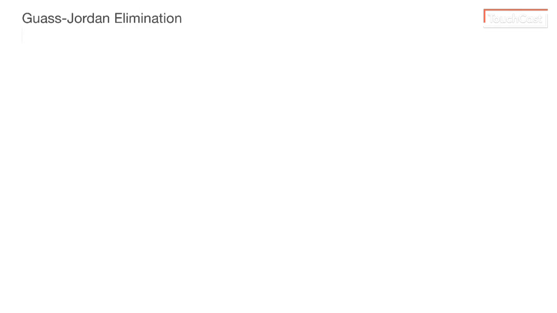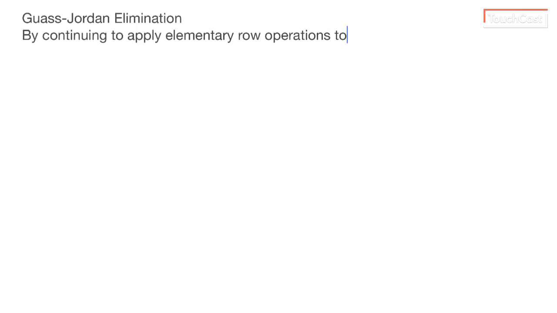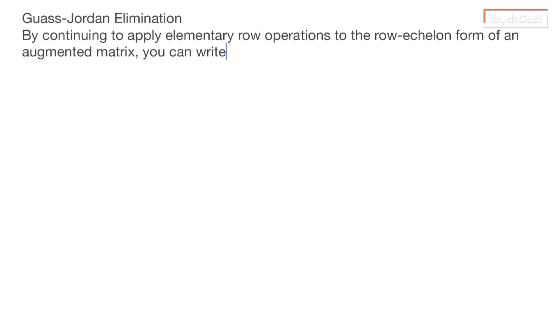And really the thing you need to get from this lesson is that by continuing to apply elementary row operations to the row echelon form of an augmented matrix, you can write the matrix in reduced row echelon form.